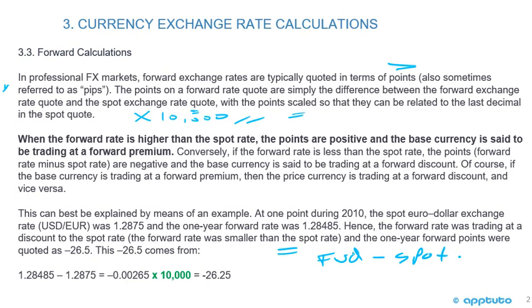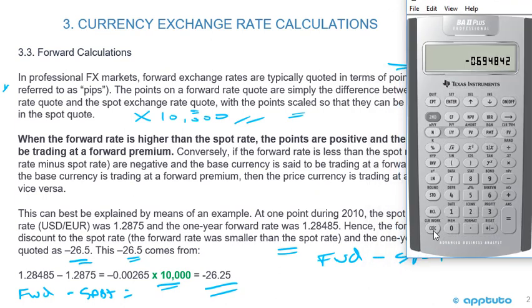And the one-year forward points were quoted as negative 26.5. Where does this negative 26.5 come from? So we take the forward rate minus the spot rate, okay? That's going to give us negative 0.00265. I put here in green, multiply by 10,000, and we're going to get negative 26.5.